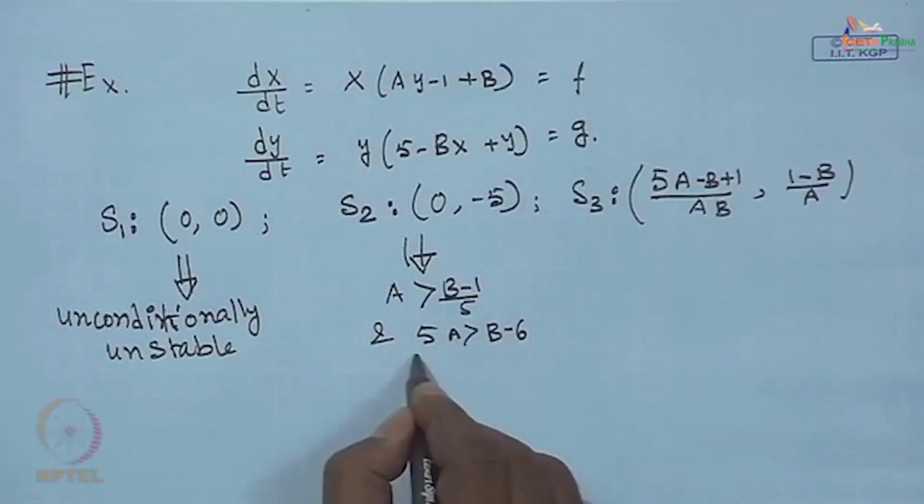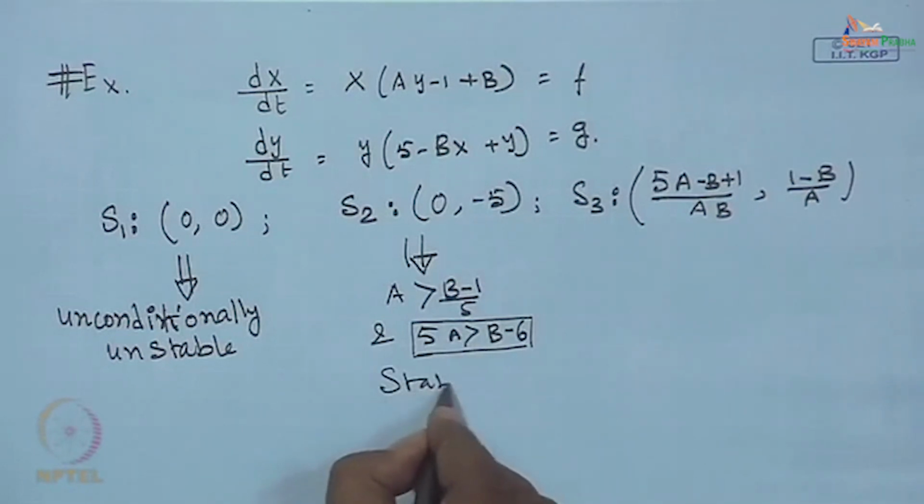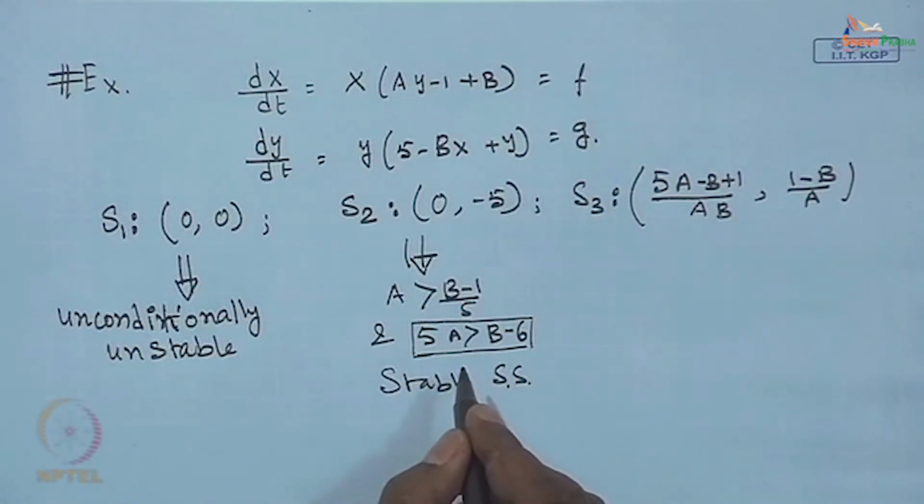Okay, so this will be the more stringent condition. So, subject to this, one has to get a stable steady state. Now, in today's class, what we will be doing, we will be examining the steady state number 3. So, let us start with that.